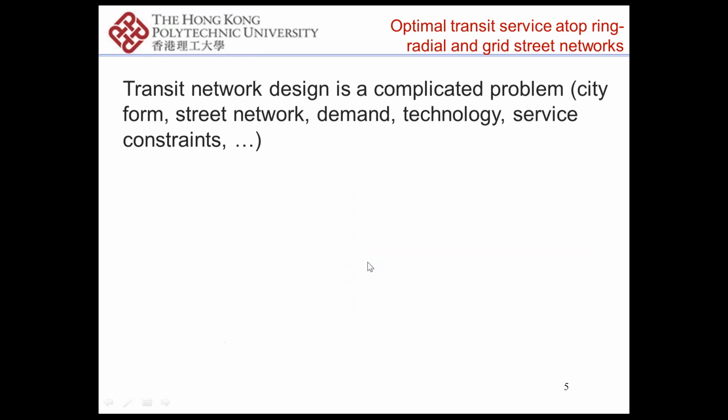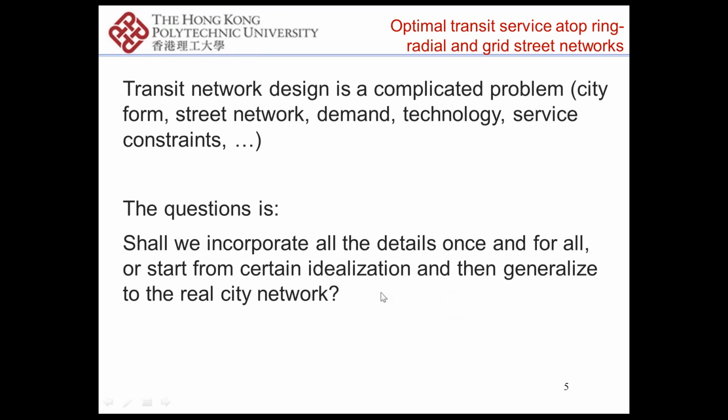We also know that transit network design is a complicated problem because of the various city forms, physical and geographical details in street networks, demand, transit technology, service constraints, etc. And the question regarding transit network design is, shall we incorporate all the details once and for all, or start from certain idealization and then generalize it to the real city network?